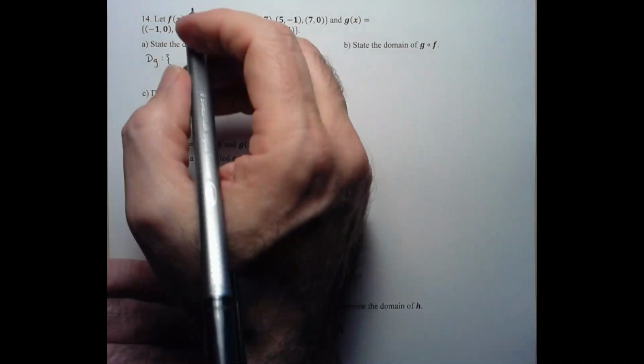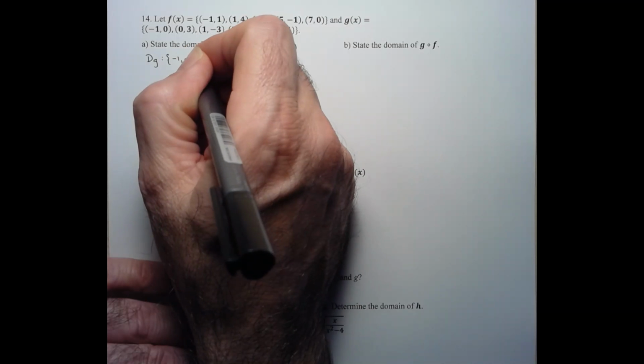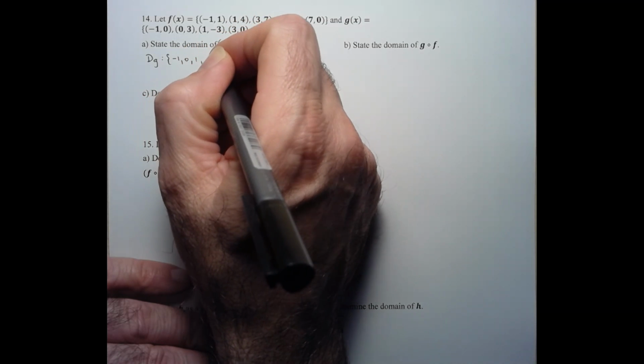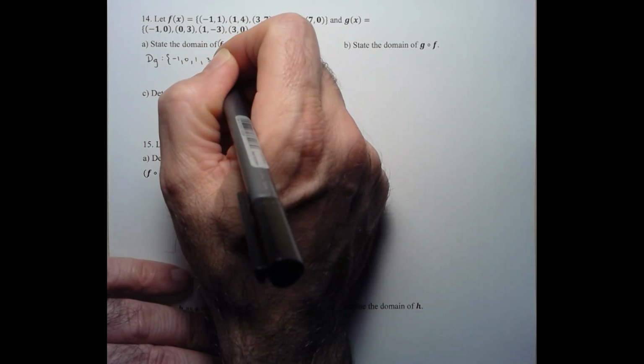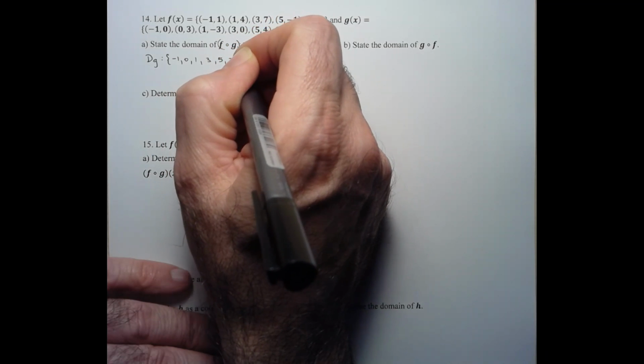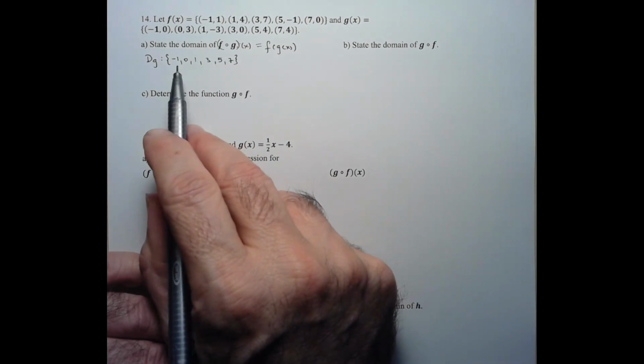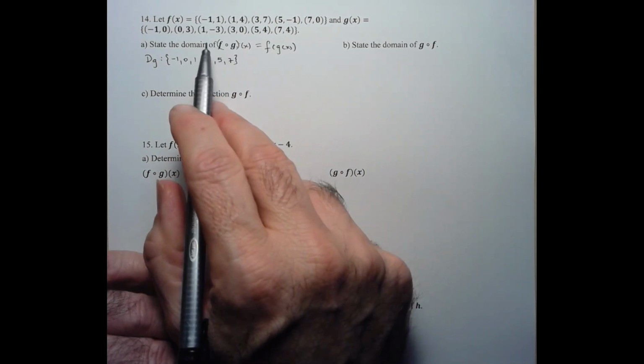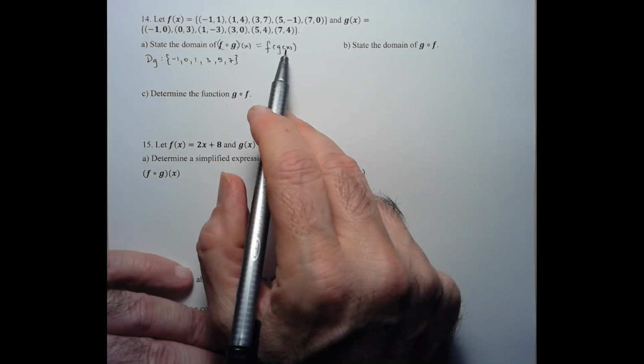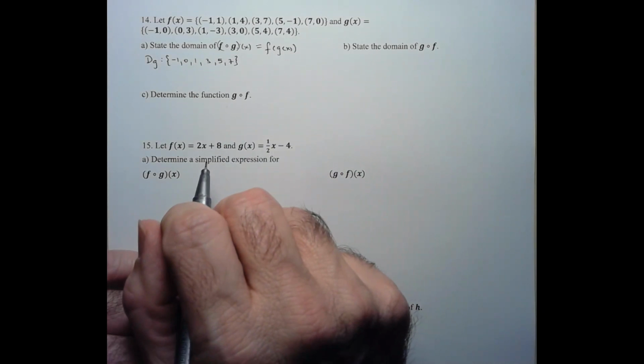So for g here we have -1, 0, 1, 3, 5, 7, and these are our starting values. Anything that's not in this set can't be in the domain of f circle g because it's not in the domain of the first function we're applying.